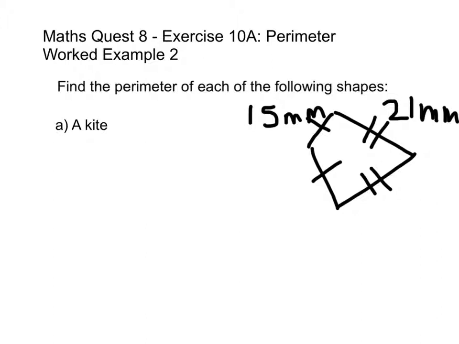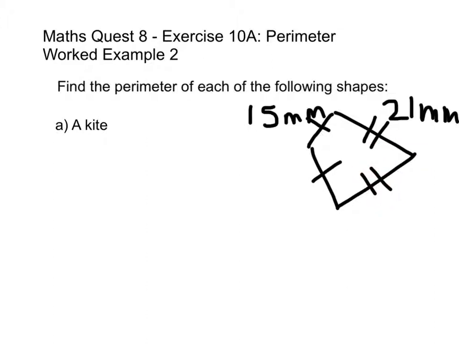And you might be wondering what these funny lines are here on the shape. What they are is, see the ones that have one line? That means that those two lengths there are the same, and the ones with two lines mean that those two lengths are the same. So this one's 15 millimeters, so is this one. This length, this side, is 21 millimeters, and so is this one.